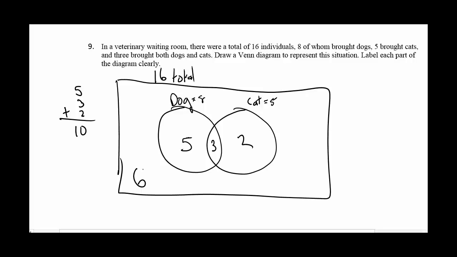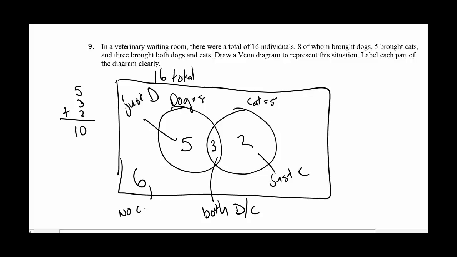Now, as far as labeling each part, that's going to be both cat and dog, just cat, just dog, and no cat or dog. And that would be perfectly fine for me. Just an indication that you understand what each number represents and how that plays a bigger part in the picture.